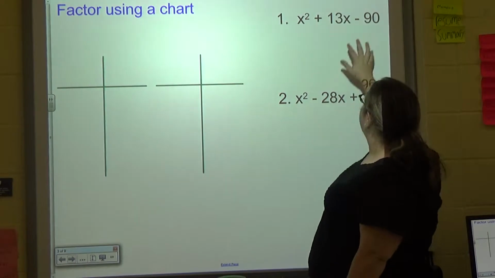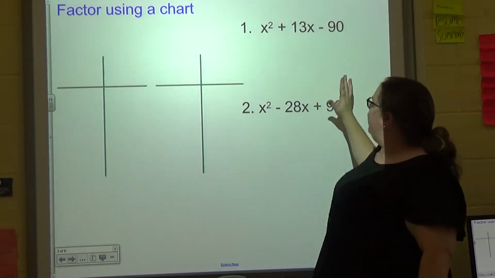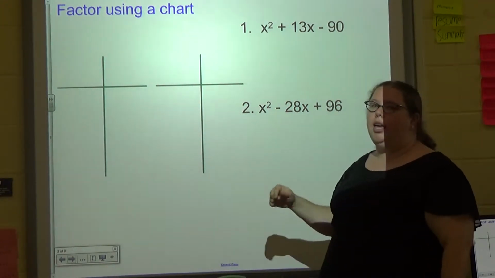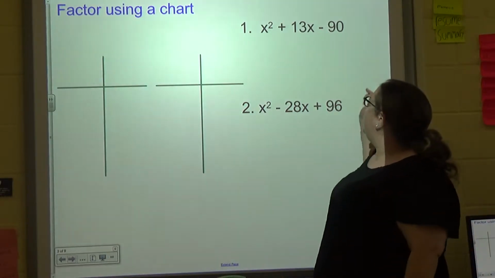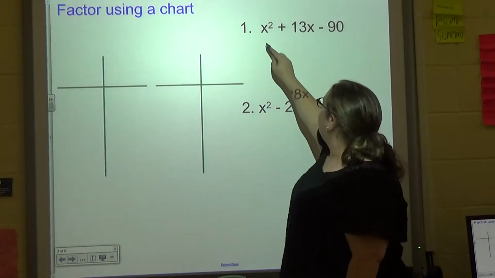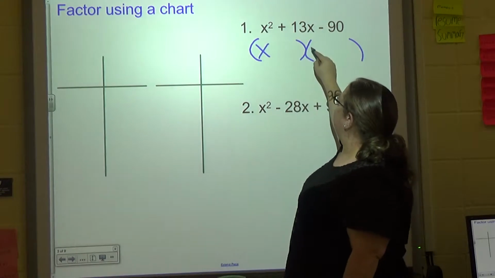Alright. So this is review from the last video. I'd like you to pause the video and do these. If you haven't seen these yet, you should go back and watch my video on multiplying trinomials. So remember, when we're writing these out, we're looking for two binomials. Remember, x times x is x squared.